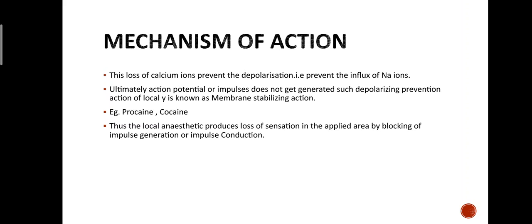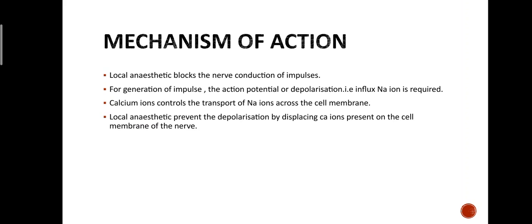Thus, the local anesthetics produce loss of sensation in the applied area by blocking impulse generation or impulse conduction. Let's see again the mechanism of action of local anesthetics. Local anesthetic blocks the nerve conduction of impulses. For generation of impulse, the influx of sodium ion is required. Calcium ions control the transport of sodium ions across the cell membrane.